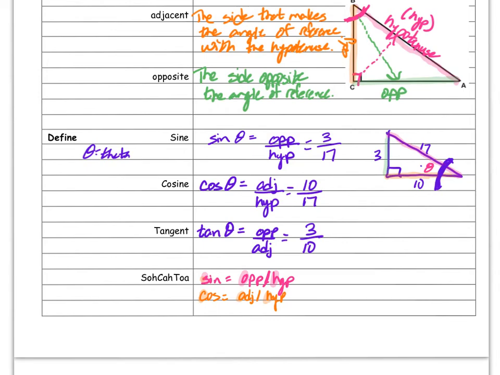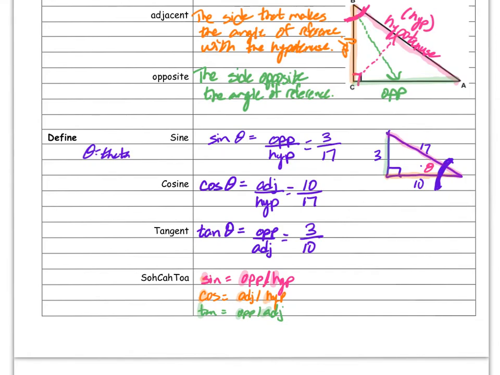And then we have TOA, which is tangent equals opposite over adjacent. T-O-A, TOA. SOHCAHTOA. And that's just a little mnemonic way to remember, kind of like Please Excuse My Dear Aunt Sally, or PEMDAS, however you want to say it, but it's SOHCAHTOA.